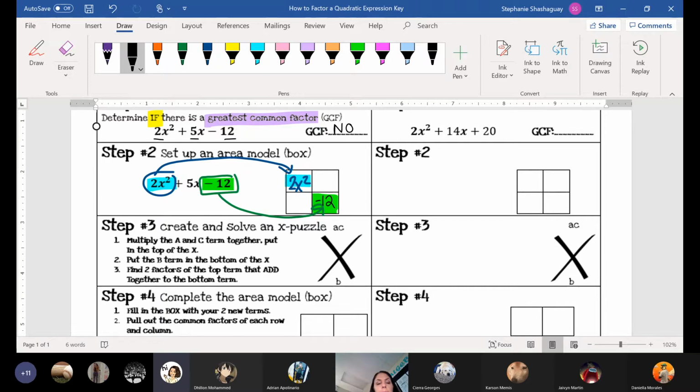So to solve an X puzzle, we're going to multiply the A and the C term together, and we're going to put that in the top of the X. So 2x squared multiplied by negative 12, we're going to put that in the very top of the X. And so that's going to be negative 24x squared.